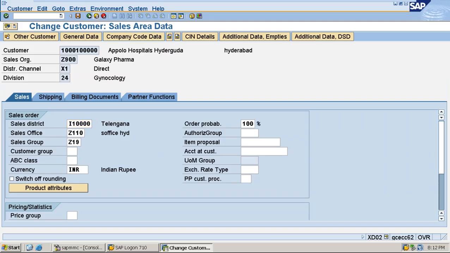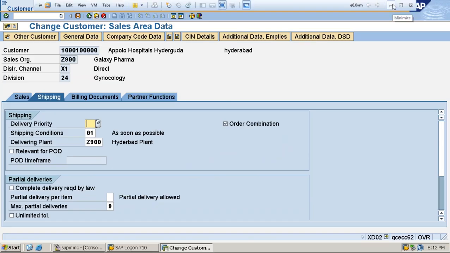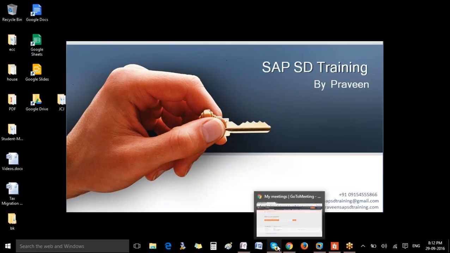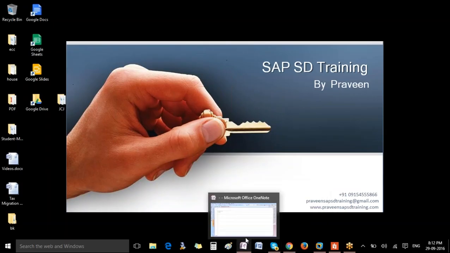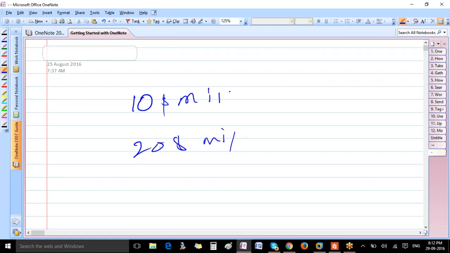So coming to the shipping, the first field is delivery priority. Delivery priority will help you identify the customers who have the highest delivery priority. Say suppose I give 10 million business to the company every year, and you give $20 million per annum to the company.